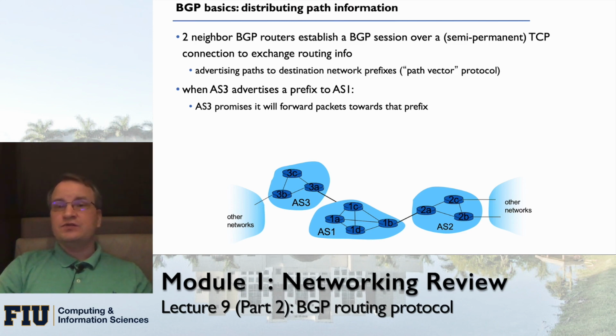BGP decided to go a different path, so they decided to go over the TCP protocol and define basically permanent state. So as long as this TCP connection exists, this state exists. It's a little bit complicated in the sense that routers not necessarily have to be physically connected to each other. There may be some small number of routers in between, but those BGP routers will define the policy and what exactly is supposed to be announced.